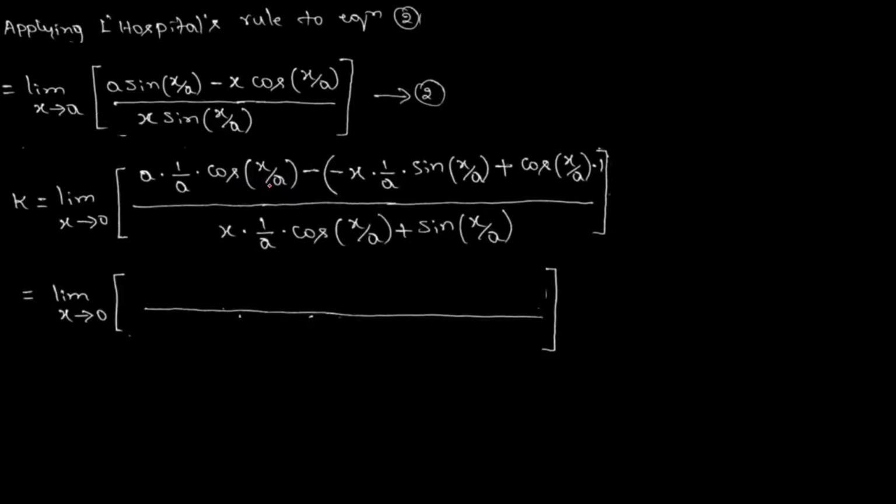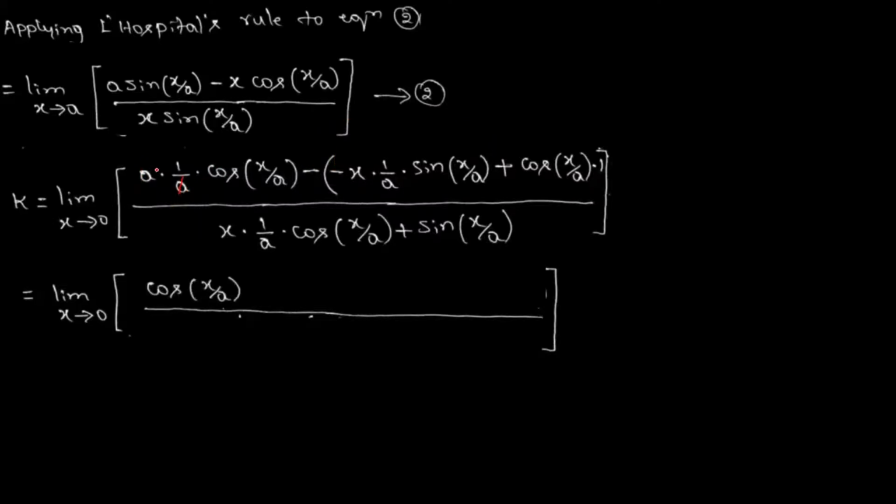In this step, few things will get cancelled. You can observe this a gets cancelled with this a, and we can multiply this minus sign inside here as well as here. Let us simplify these two things.